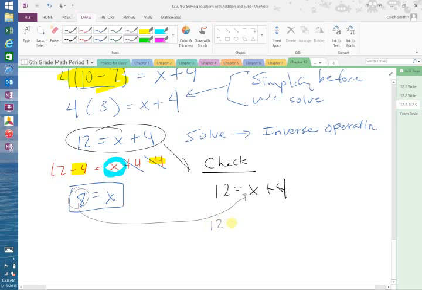So that's 12 is equal to 8 plus 4. 8 plus 4 is 12, so that does check out, and it's good. So x is equal to 8 is the correct solution to our equation.